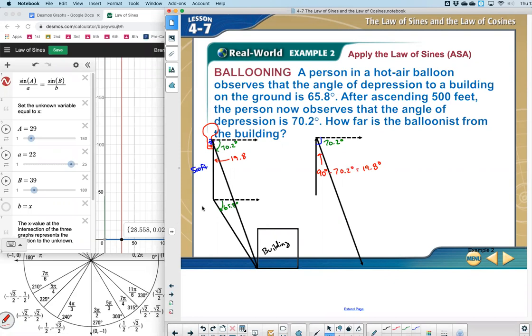Okay, not only that, I also want you to take a look at this piece. We know that this makes a right angle here. So if I want to find the angle from here to here, this angle would be 90 plus 65.8. Are you okay with what I've done so far?